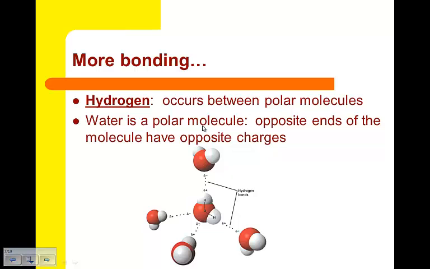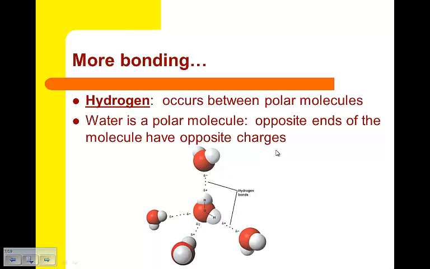And a lot of those are attributed to the fact that you have this hydrogen bonding that occurs within the water molecule. It says it occurs between polar molecules. I want you to think about the poles. Think about the North and South Pole. Where are they located? They're opposite each other. They're on complete opposite ends of the world. Think about the poles on a magnet. We talk about the magnetic poles.